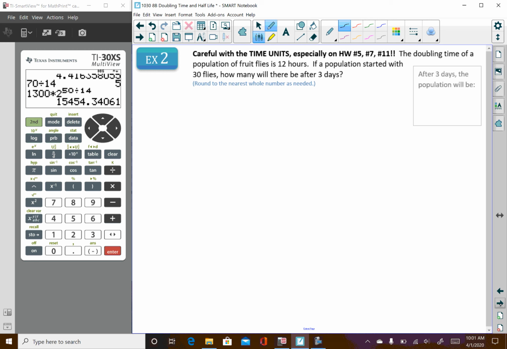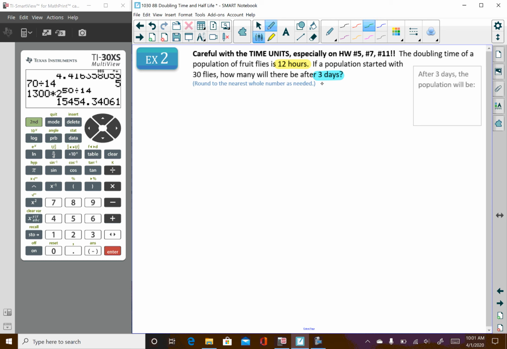Next example, just a reminder as we do this example, you have to be very careful with your time units, especially when you do number 5, 7, and 11. Those ones have times that are in different terms. So like this one, we have 12 hours for our doubling time, but we have 3 days as our time period. So those are not in the same units. So we need to get them into the same units before we apply them into our equation.